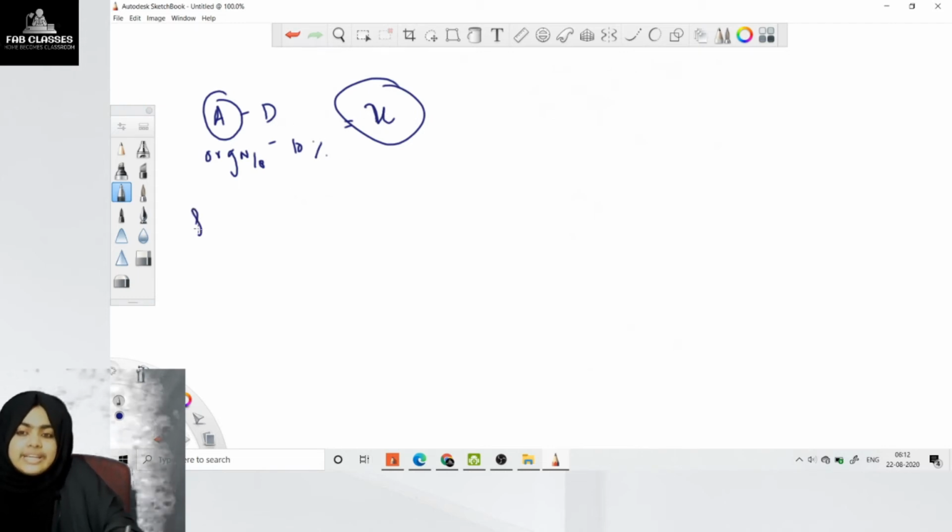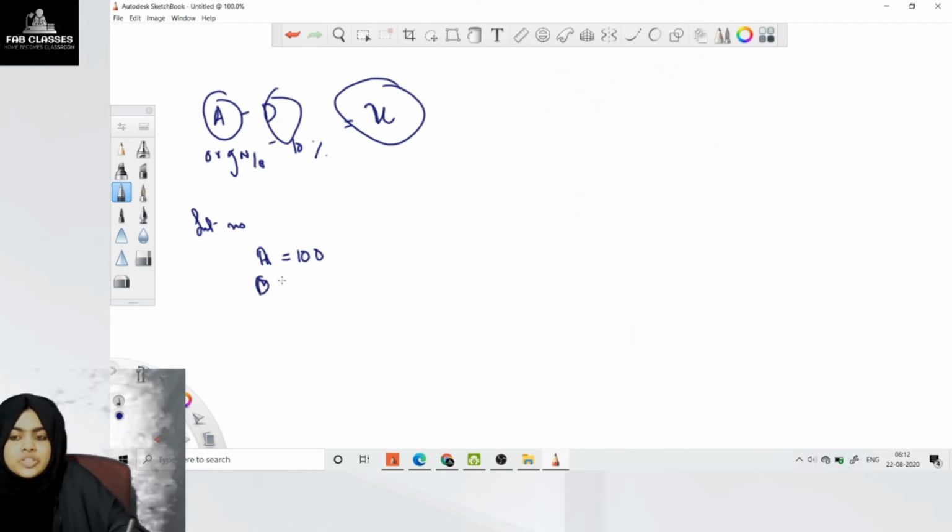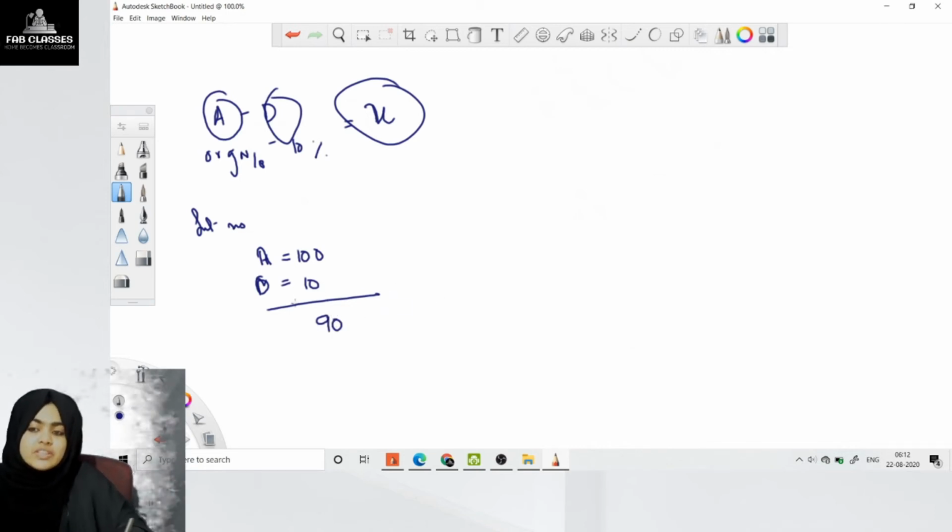And now let us assume A is 100, and the manager's commission D is 10%. So the value which we obtain after deducting this 10% from A will be 90. Right. So the profit after charging this 10% commission will be 90.